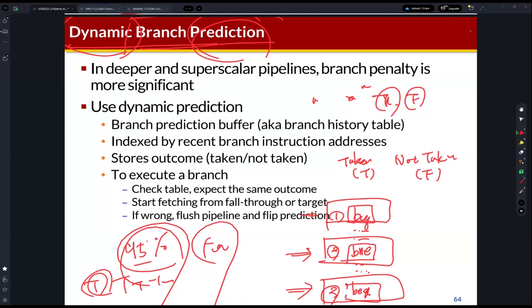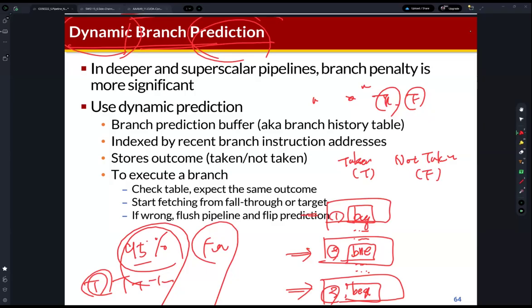So what is required? We need to store the result of the branch instruction. In order to monitor and analyze the previous events, we need to store them, right?